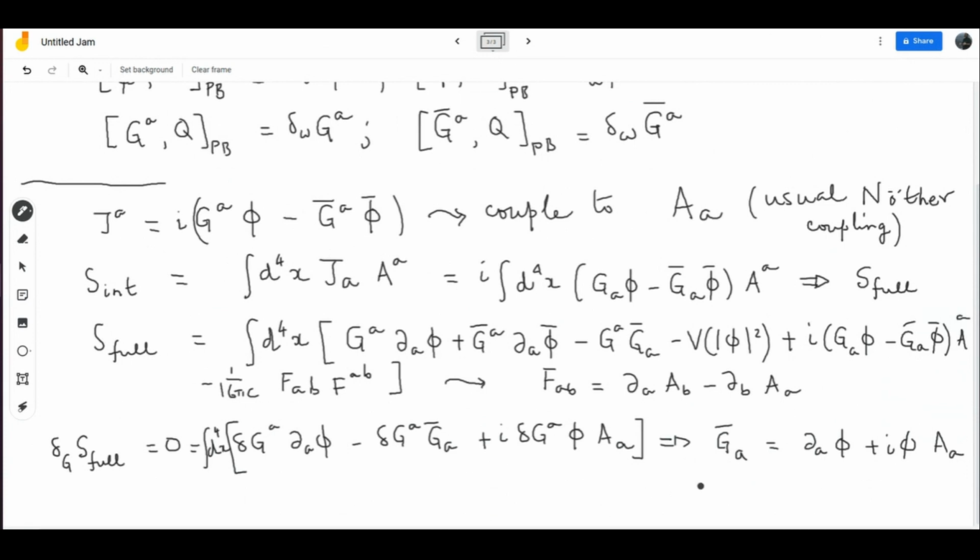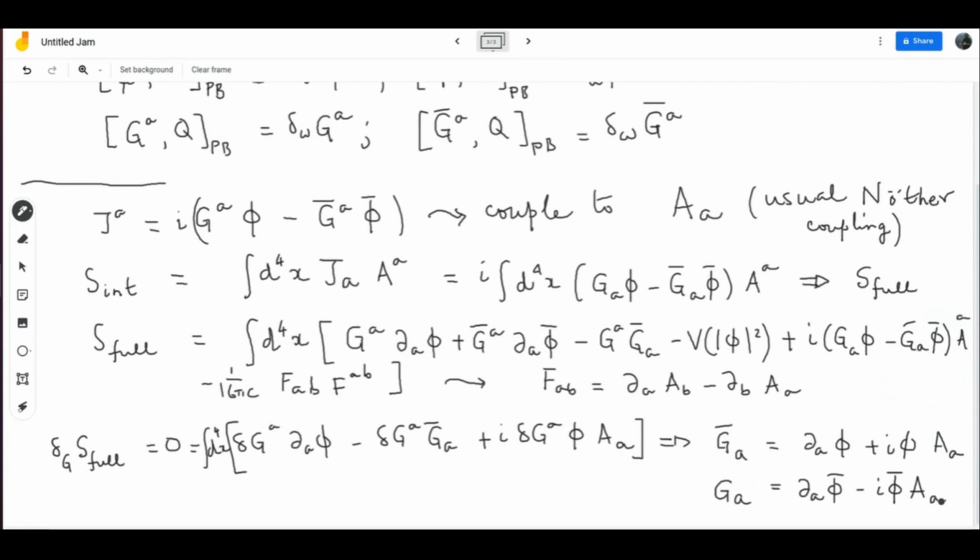And also, I don't have to do this, but you can read it off or do it if you want. Earlier it was del A phi bar, but now I shall get a minus I phi bar AA. So you see that there are differences now. There are differences coming up from these terms.